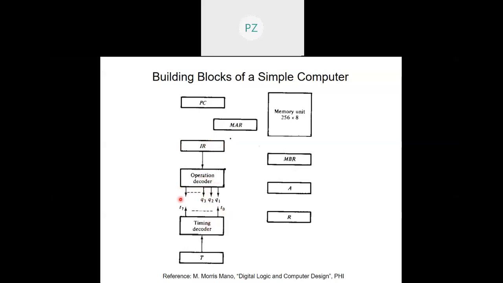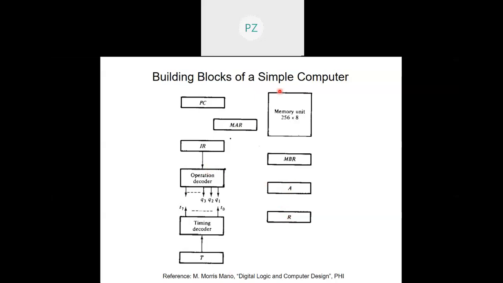Now this operation decoder's outputs are the control signals, coupled with the timing signals, right? These two together will carry out several control signals for affecting the data move between the memory unit and register A and register R. These are two general purpose registers, or scratch pad registers, with the names A and R. They may hold any data, right?